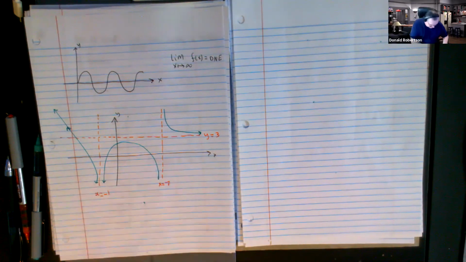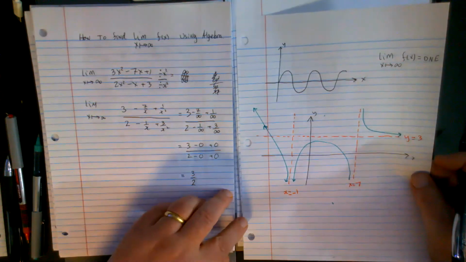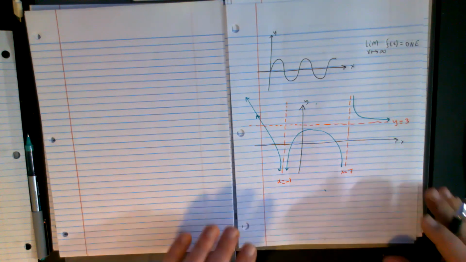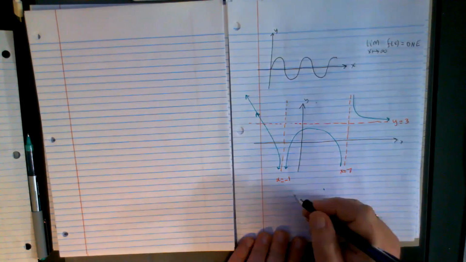Here's a picture for you. It's got vertical asymptotes and horizontal asymptotes going around. Let's just do it verbally.